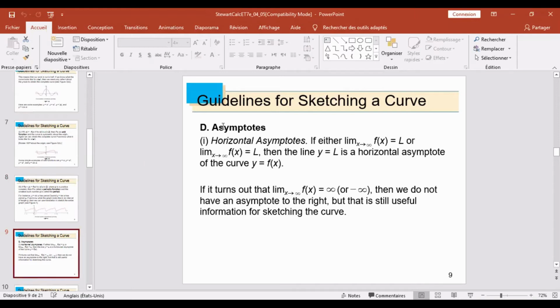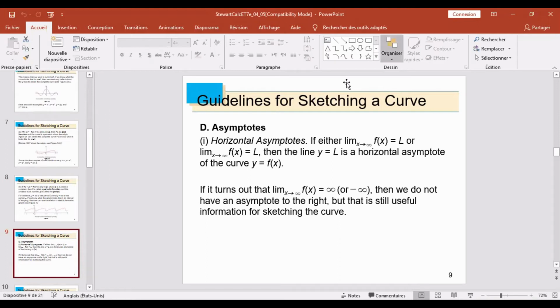The next point is about asymptotes. We have to evaluate the limit when x goes to infinity. If this is a capital L, then y equals L is a horizontal asymptote, as we studied in chapter 2.